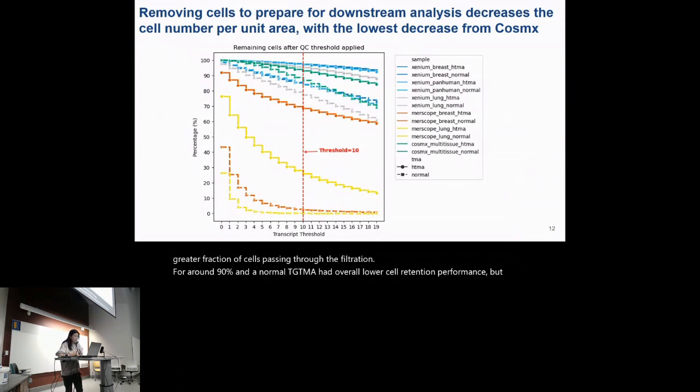But the relative performance of the platforms based on the fraction of cells basically remained the same. So CosMx and Xenium retained in total around 77 to 80% of the cells, and Merscope performed less well than that, but still had a reasonable amount of cells retained for the tumor tissue microarray.